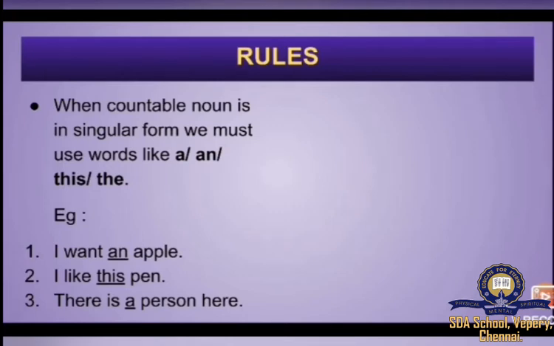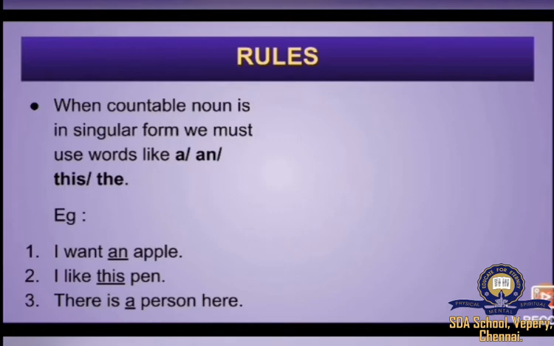Example, I want an apple. So apple is here in singular form. You see, right? We have used the word an. I want an apple. I like this pen. There is a person here. So when the countable nouns here, that is apple, pen and person, are mentioned, we use an indefinite article before them.